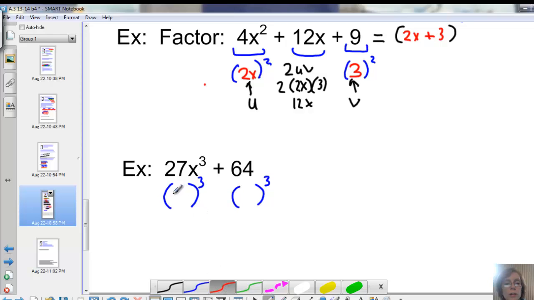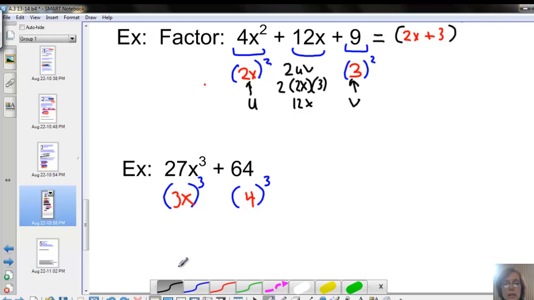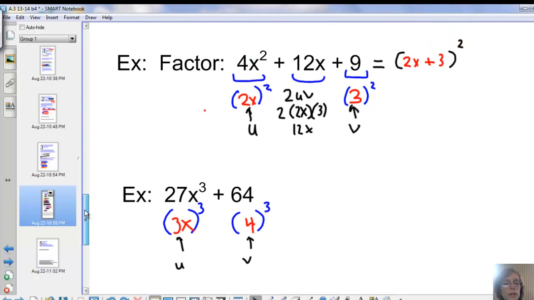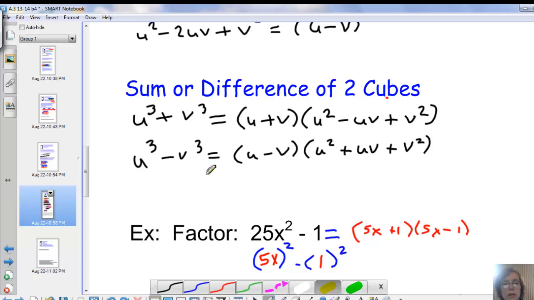And I'm hoping that you are saying 3x needs to be cubed in order to get 27x cubed, and 4 needs to be cubed in order to get 64. So with that in mind, this here is our u, and this is our v, and the formula that we are using is this one right here.